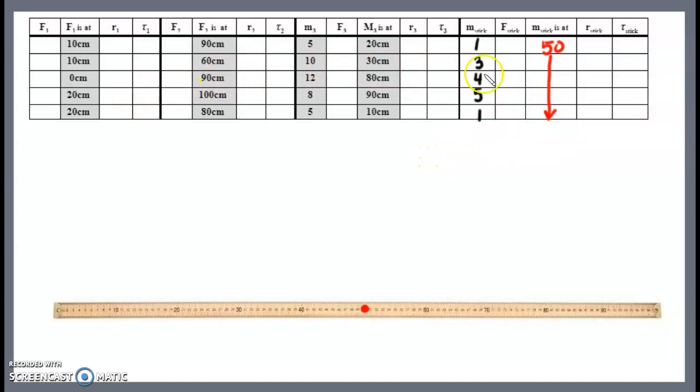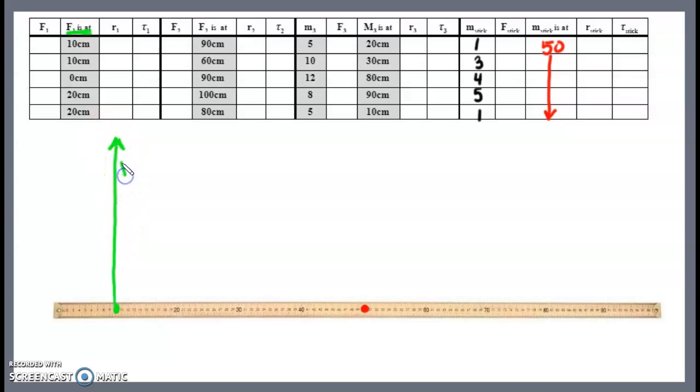Now with this, you have all the information you need to figure everything else out. But I am going to go through this first one with you to show you what we're looking for on the assignment. So F1 is at 10 centimeters. Here, F1 I'm going to do in green. F1 is at 10 centimeters, and this is going to be one of our support arms, like a string or a rope holding it up.